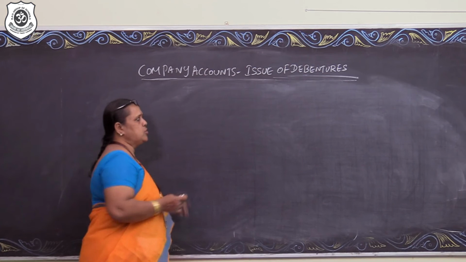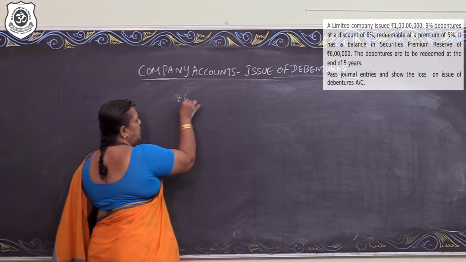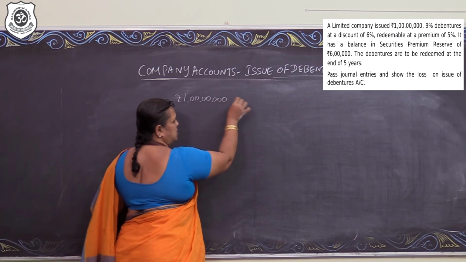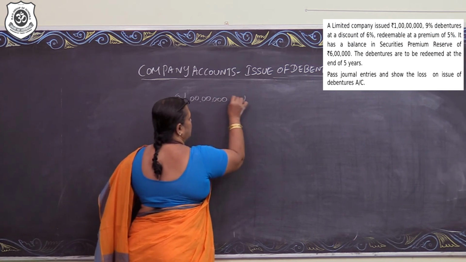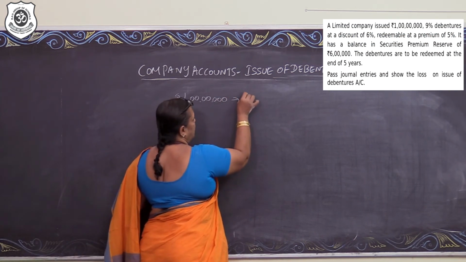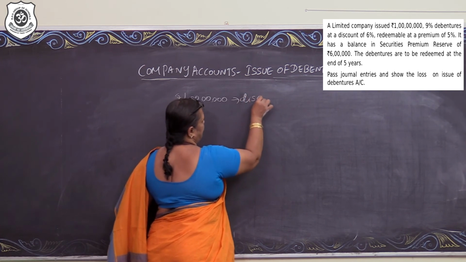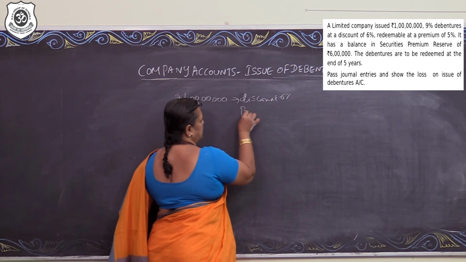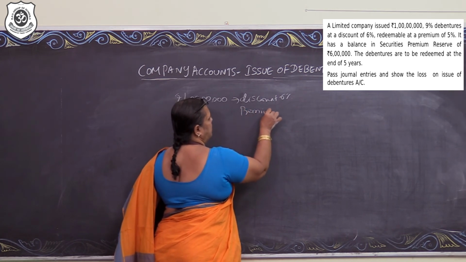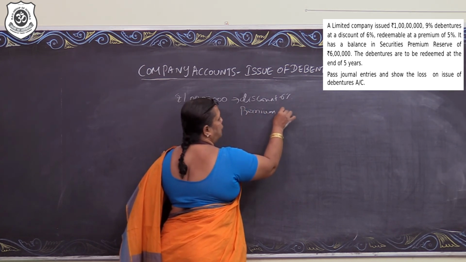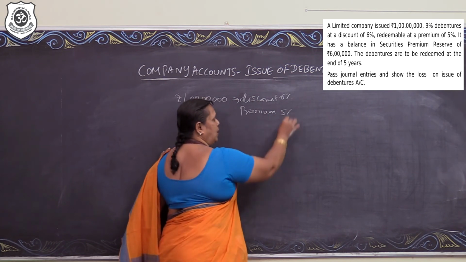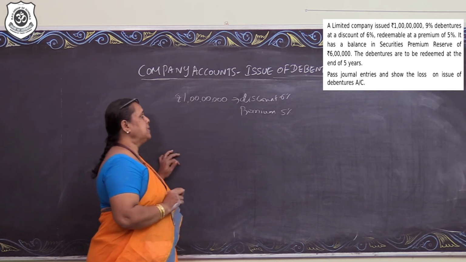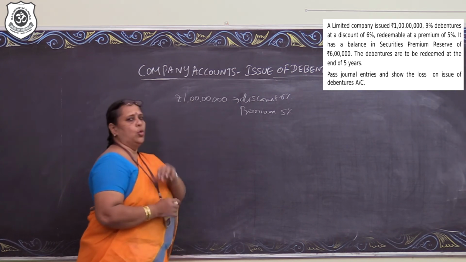Now in the given question, we have rupees 1 crore debentures issued at a discount of 6% and redeemable at a premium of 5%. So totally the company will be suffering a loss of 11% of the total value.